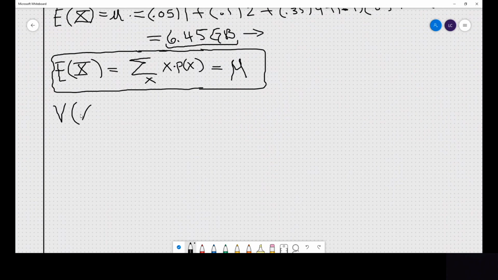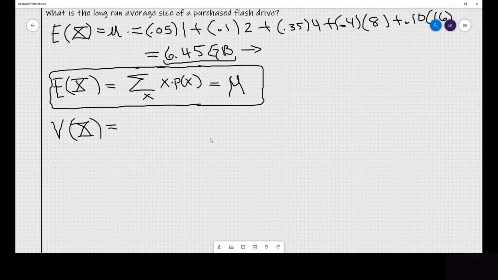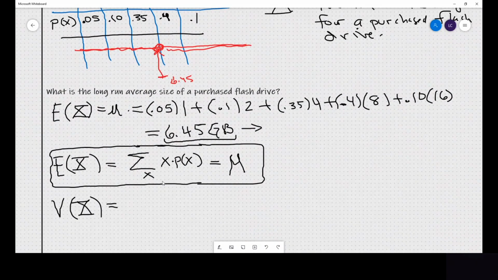Let's define what the variance is. It's simply how spread out it is. Let's do it for this example. So what am I going to do? For each one of these numbers, like for example 1, how far away is 1 from 6.45? How far away is 2 from 6.45? How far away is 4 from 6.45? And then multiply that by the amount of times that should occur.